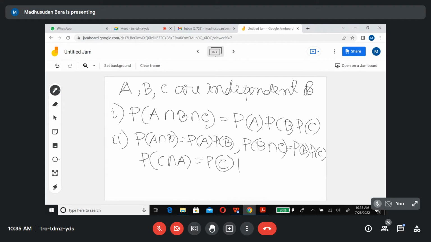Then it is independent. So independence of three events is clear. And if we take one event, P(A) is the same as P(A), that's why it is 2 to m minus 1. So three events independent is clear.